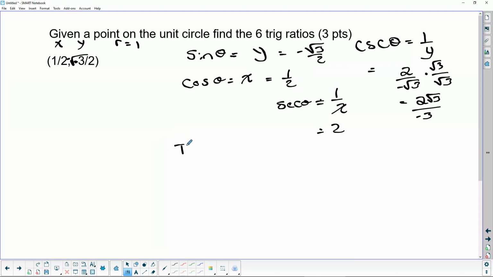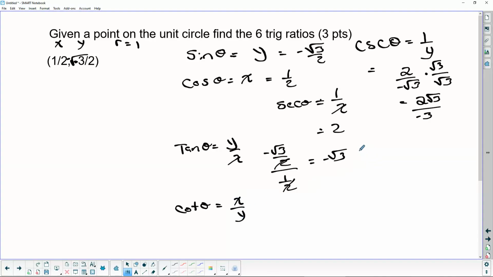And then tangent theta equals y over x, so we got to do a little bit of work there. So negative root 3 over 2 divided by 1/2 equals negative root 3. Cotan, it's x over y, or if you just flip this over, it's 1 over negative root 3.